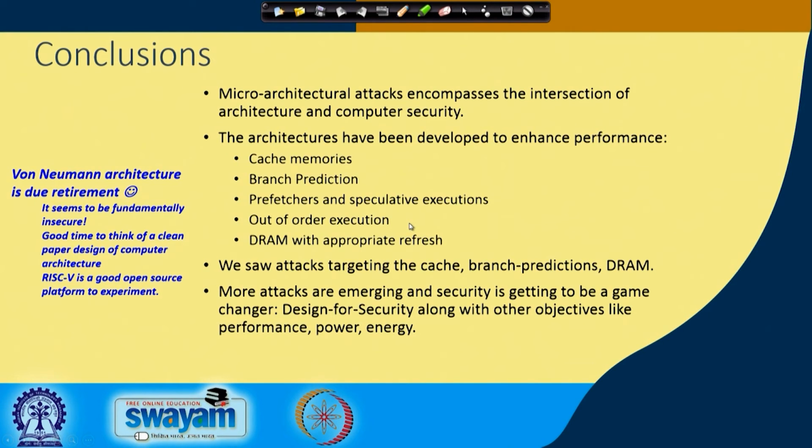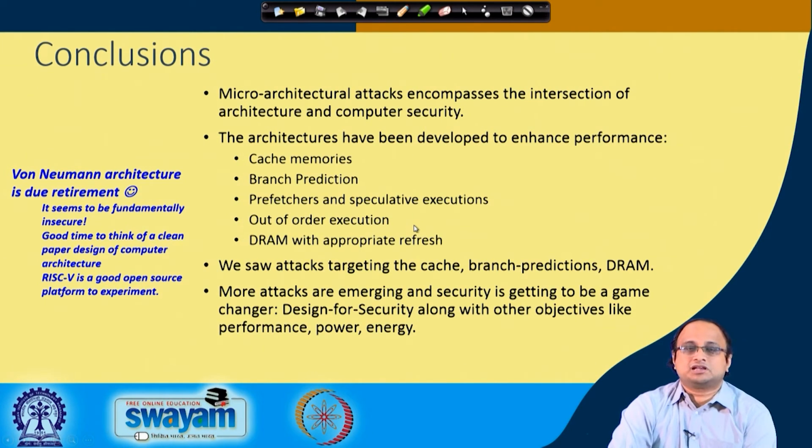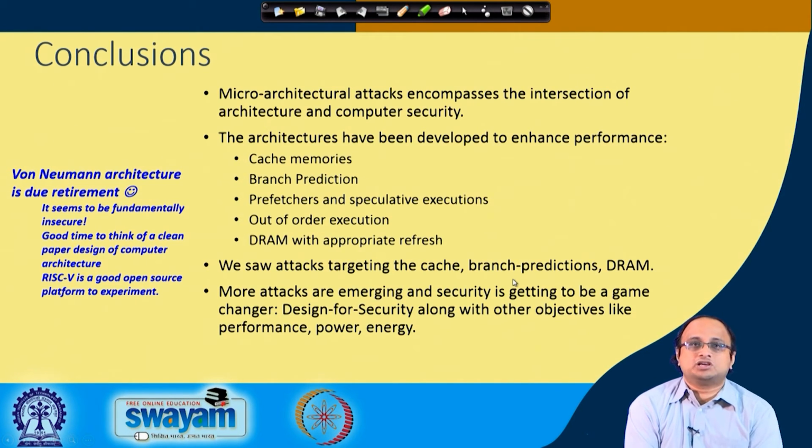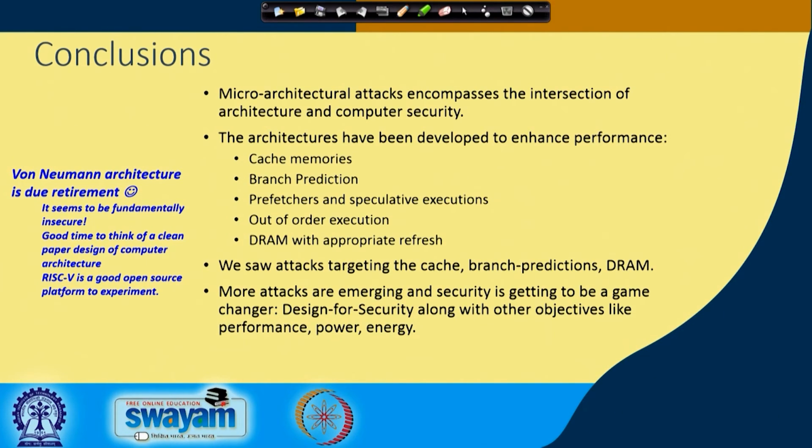We have seen the effect of out of order execution when we discussed cache memories, and then we discussed DRAMs with appropriate refresh as an important design criterion. So, we saw attacks targeting the cache, the branch predictions, the DRAM, and more attacks are emerging as we are discussing. Security is becoming a game changer, and therefore design for security along with other objectives like performance, power, and energy seems to be very important.